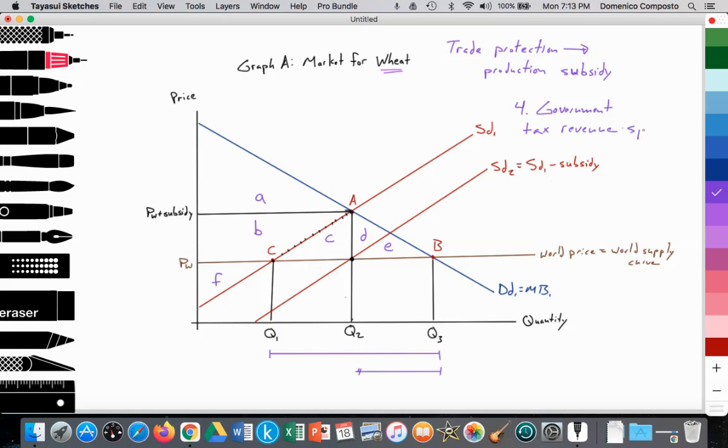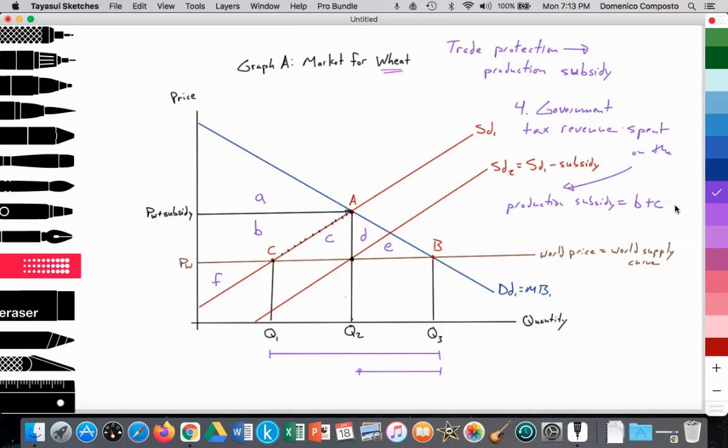The tax revenue spent on the production subsidy is equal to areas B plus C. B plus C is being spent, right? This rectangular area is being spent by the government.